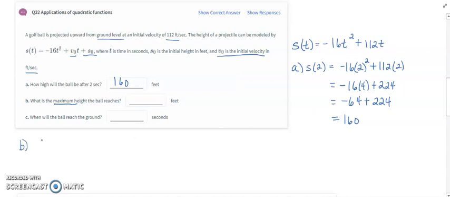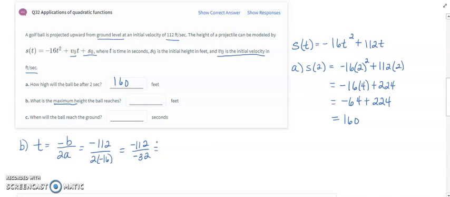The vertex formula is x equals, but in this case our input variable is t, so t is equal to negative b divided by 2 times a. So that would be negative 112 divided by 2 times negative 16. So negative 112 divided by negative 32.